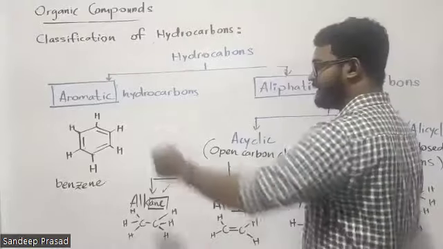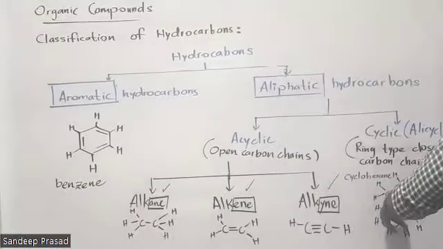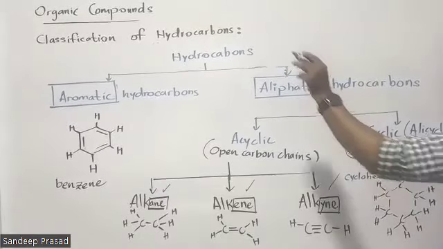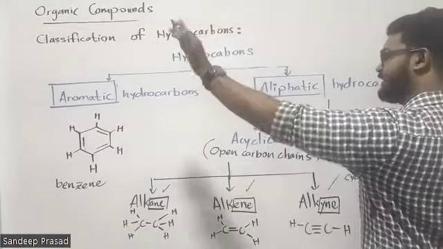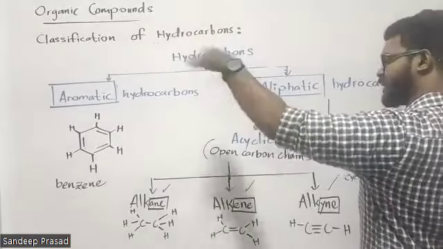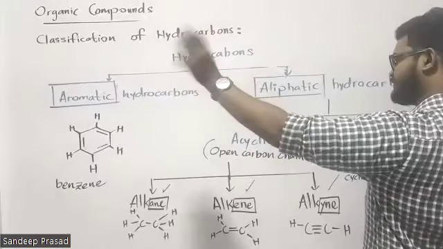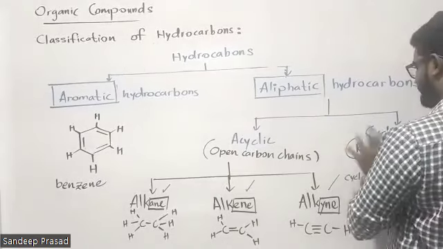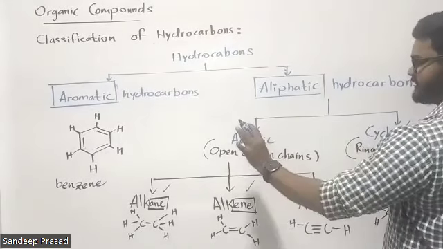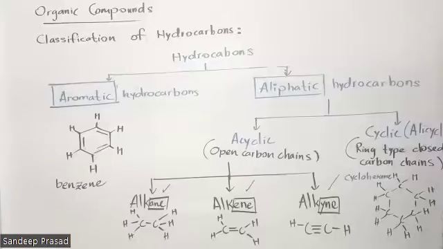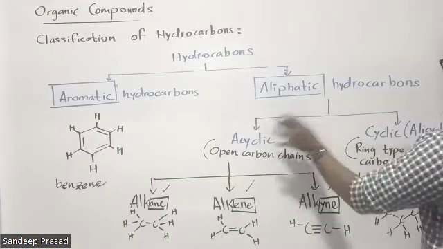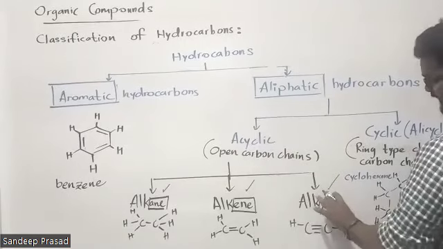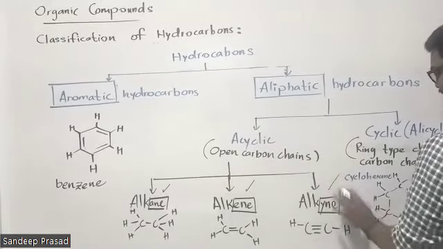Can we take benzene under aliphatic hydrocarbons because it is also cyclic? No. I told you, under the main classification, we separated benzene. Benzene means aromatic. We cannot categorize benzene under aliphatic. Under aliphatic we have two types, acyclic and cyclic. Acyclic means open carbon chains, and then we have three types: alkanes, alkenes, alkynes.